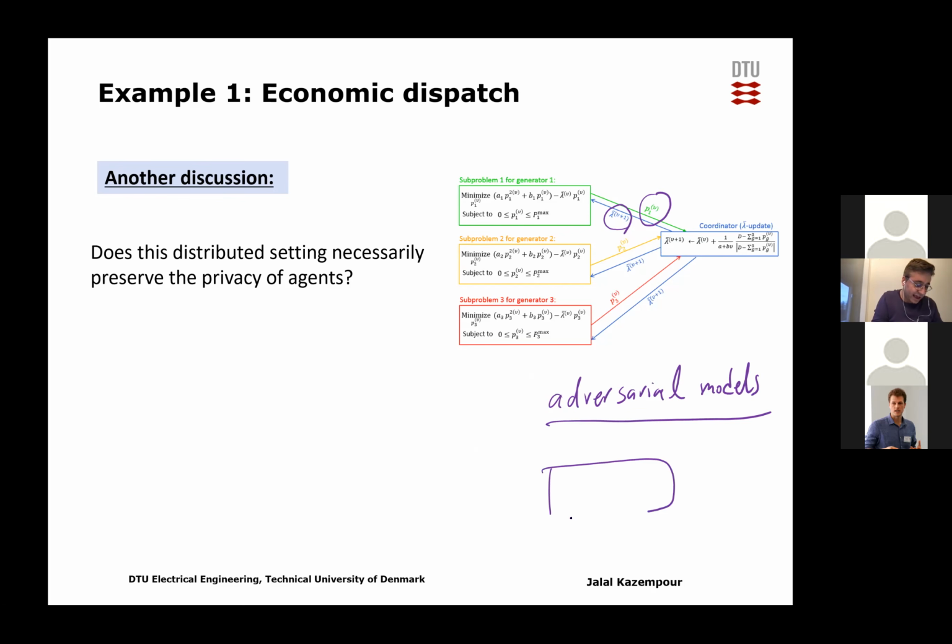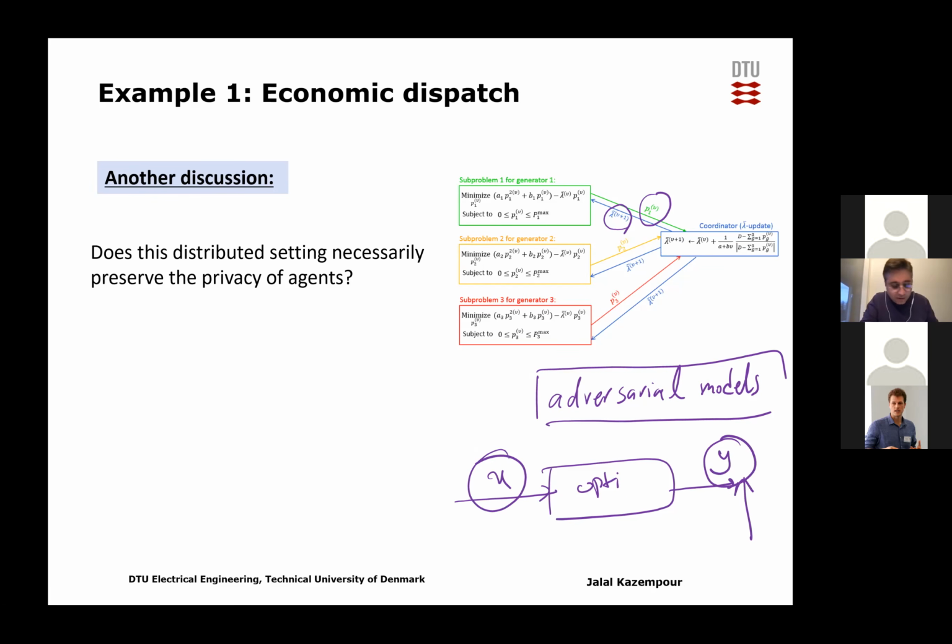Let's say we have an optimization problem as a black box, with some inputs and some outputs. With inverse or reverse engineering, if we see enough Y over different iterations and different times, and we know X here is the price and Y is the quantity of the generators, then maybe by adversarial models we might be able to understand what this black box is. For example, you can use inverse optimization, which is exactly doing this.